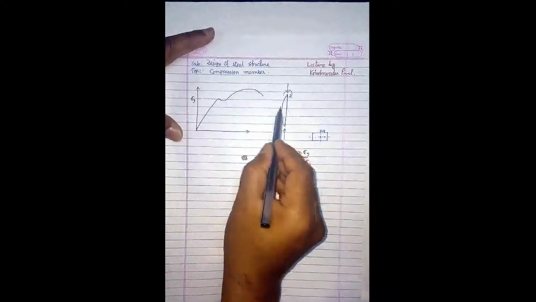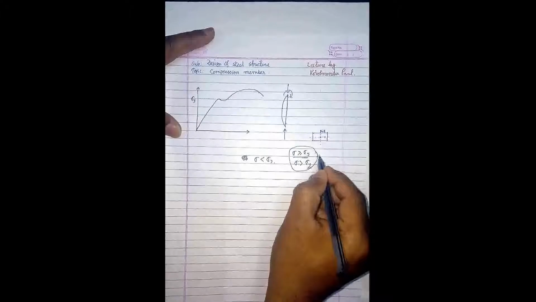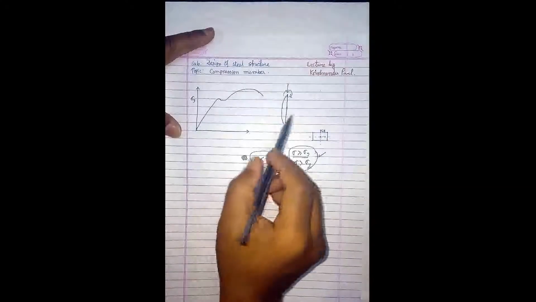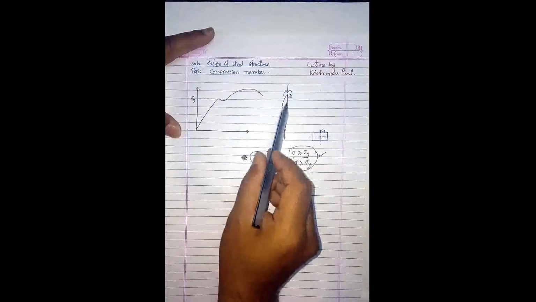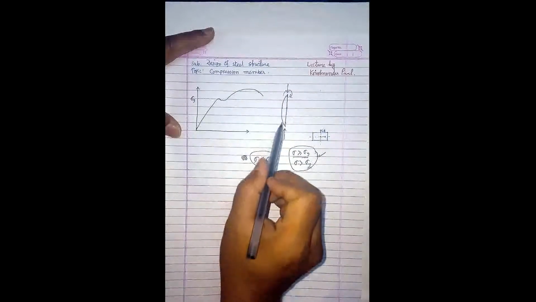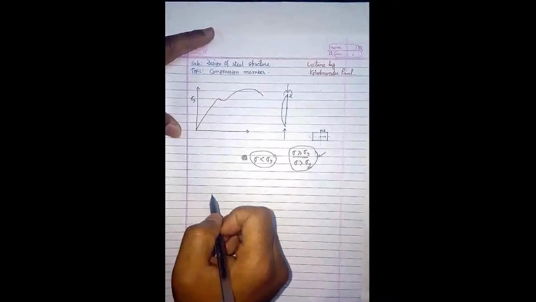This failure is a geometric failure. Here it was material failure, but here the stress has not reached the yield stress, yet there is some buckling, some displacement of the member from its initial axis, and this displacement is failing the member.